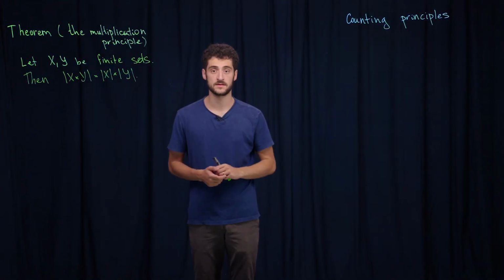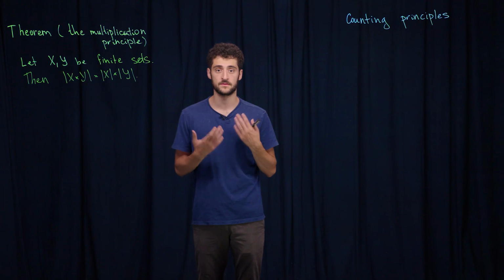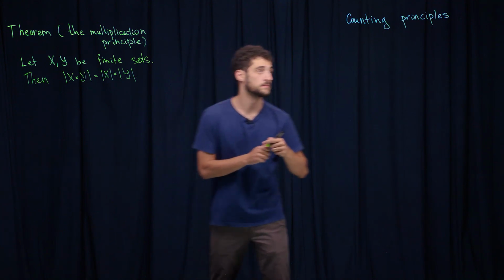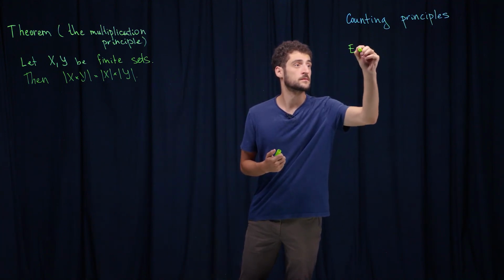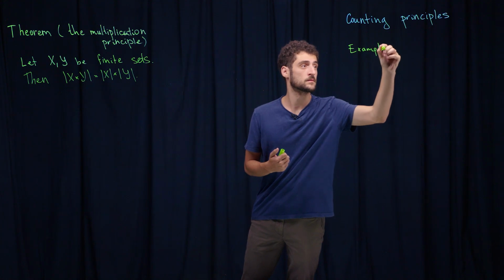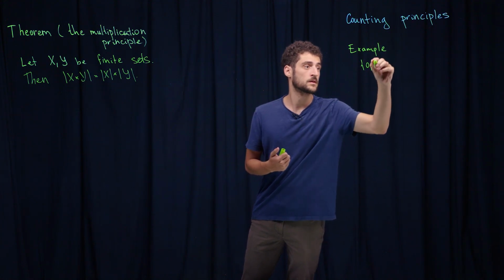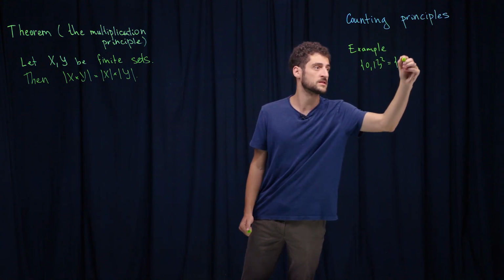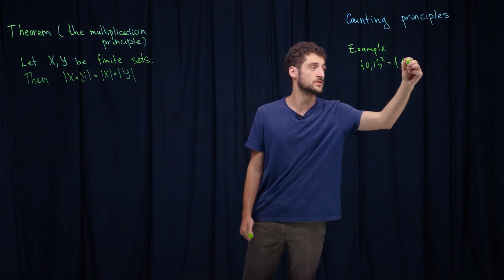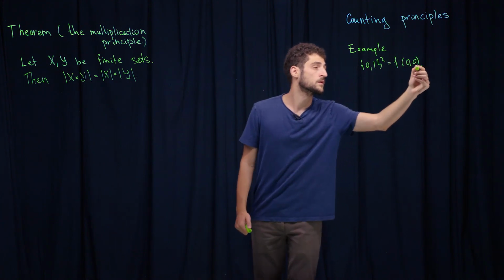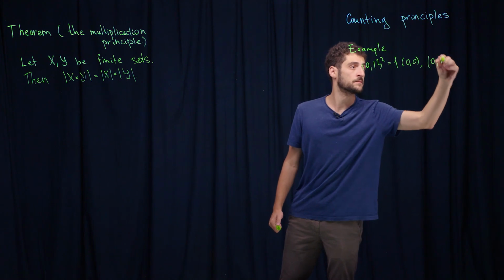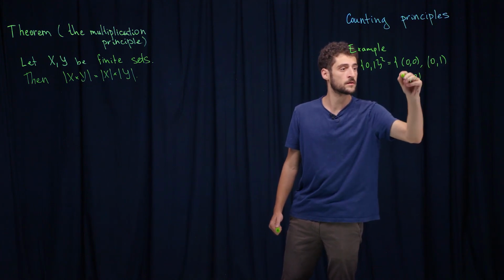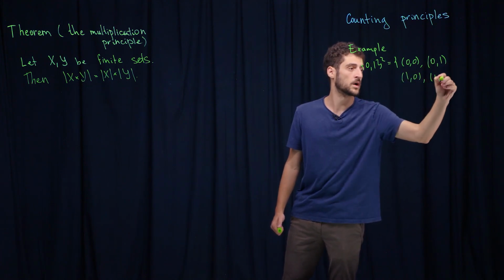Let us consider a small example. Let's find the size of the set {0, 1} squared. It's easy to see that the set consists of the following pairs: (0, 0), (0, 1), (1, 0), and (1, 1).